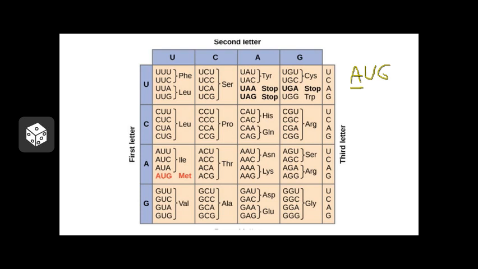Here's the A's. Next, I'm going to look for my second letter along the top, U. Here's U. That's going to lead me to this block. And then I can look in the block and find the codon I'm looking for, AUG. AUG codes for the amino acid methionine or MET.